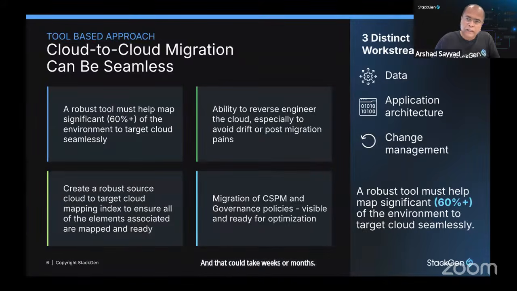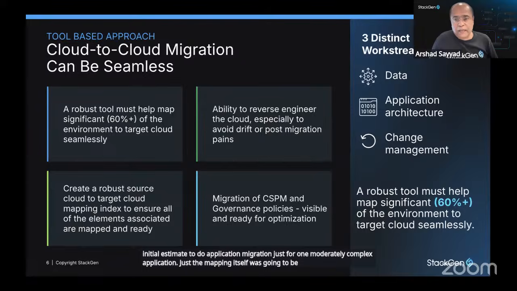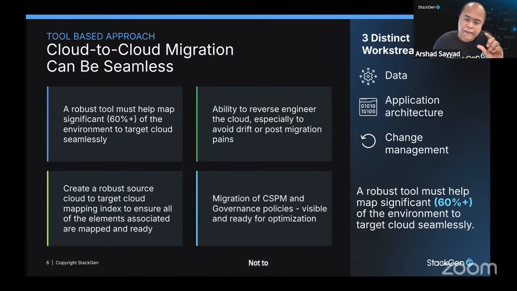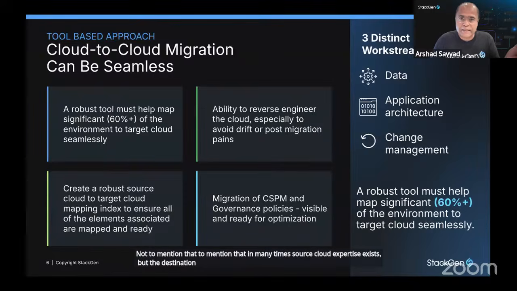In fact, with one of our clients, their initial estimate to do application migration just for one moderately complex application, just the mapping itself, was going to take weeks of elapsed time and effort, because they had to do everything manually. Not to mention that many times the source cloud expertise exists, but the destination cloud expertise does not exist with the team that's trying to make this migration.